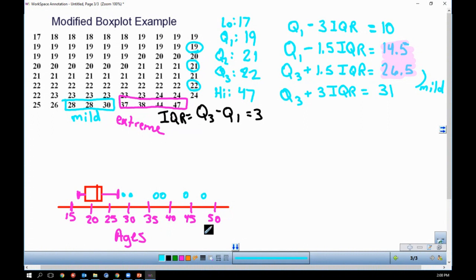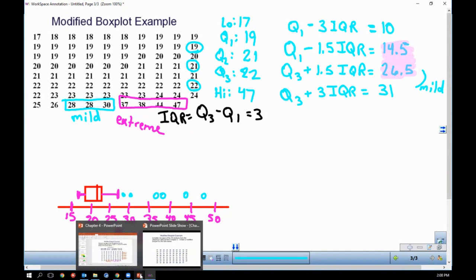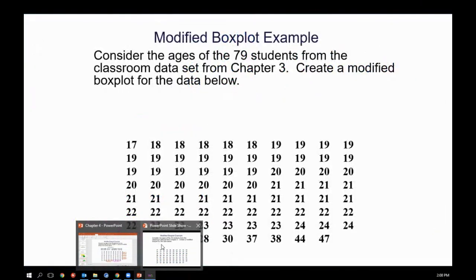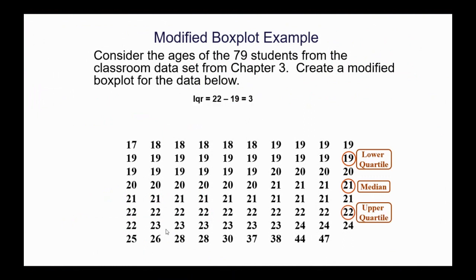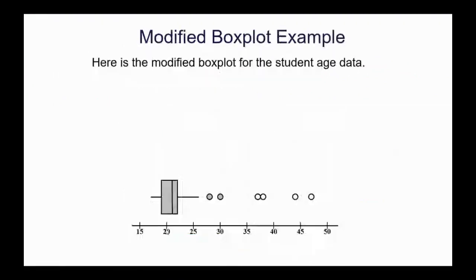Now, to save time, I'm not going to draw it, but I do want us to look at a vertical box plot. So we're back to the PowerPoint here. Okay, we did all that. So that's how our box plot looks horizontally. Now let's flip it and make it vertical.